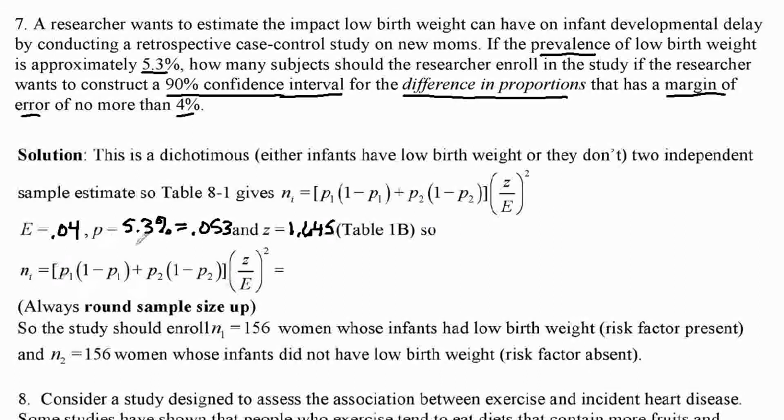And now we're ready to go ahead and plug in this formula. So P1 and P2 are both 0.053. Again, prevalence is the same for both the control group and the treatment group.